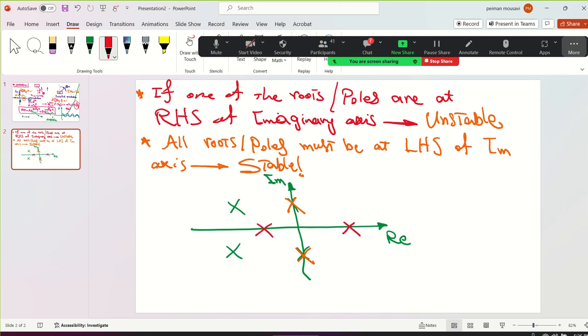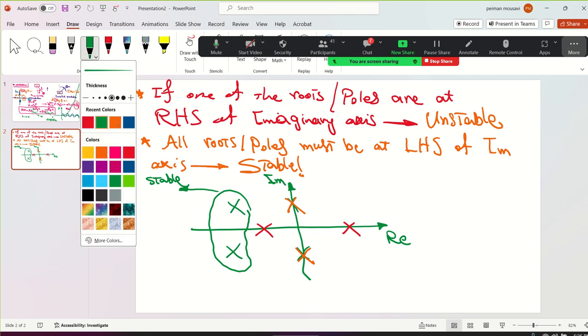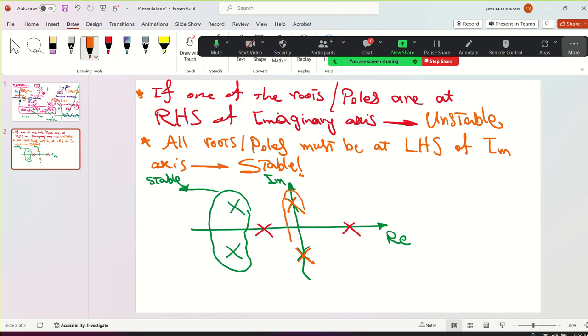The green ones are on the left-hand side. They are for different systems, that's why I changed the colors. The green ones mean the system is stable. For another system, if you have this one on the imaginary axis, your system is marginally stable. If another system has this kind of pole, your system is unstable.